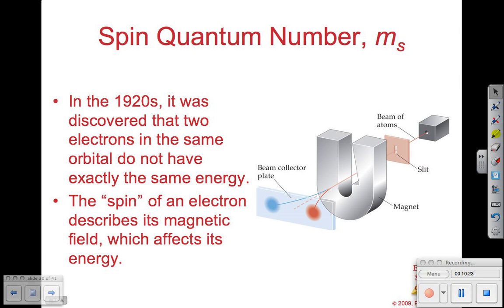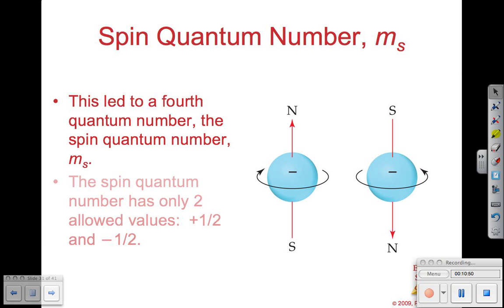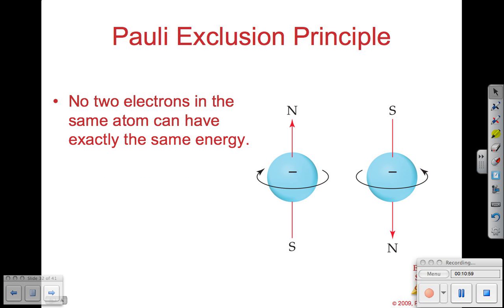And then we fill going the other direction in opposite arrows, because the electrons are all negative, so they're going to be repelling each other. And so the only way for them to exist in the same orbital space is if they are spinning in opposite directions in that region. So this is the idea of the fourth quantum number being the spin quantum number, and it's either spinning upwards or downwards as we model it. The spin quantum number has only two allowed values, plus 1/2 and minus 1/2.